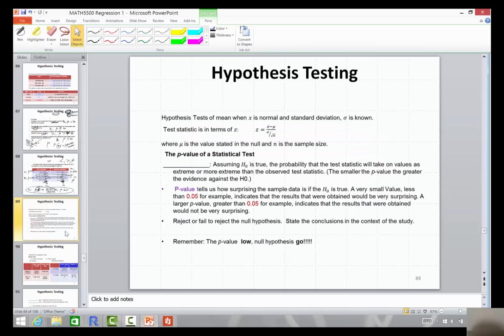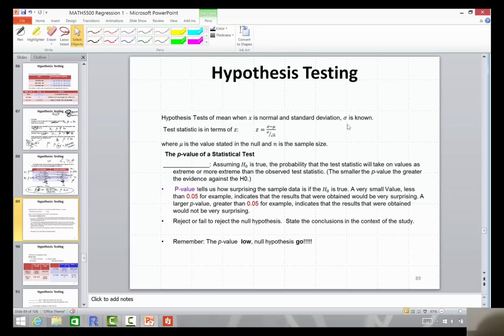We did the confidence interval when sigma is known as well as when sigma is unknown. Same thing is here. Hypothesis test of the mean when x is normal and sigma is known.